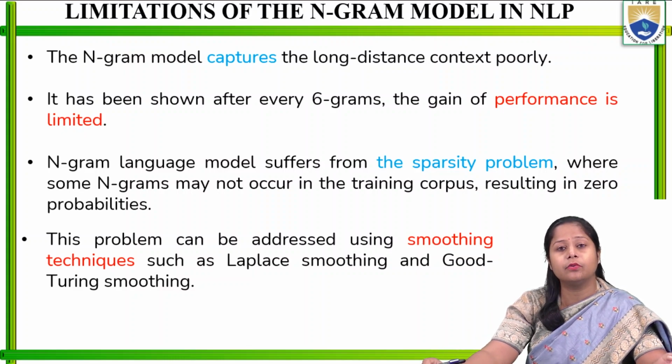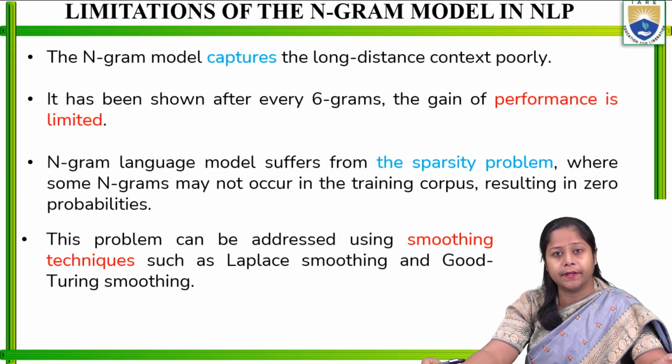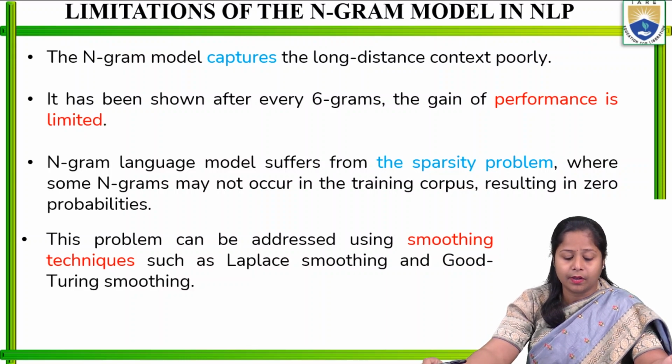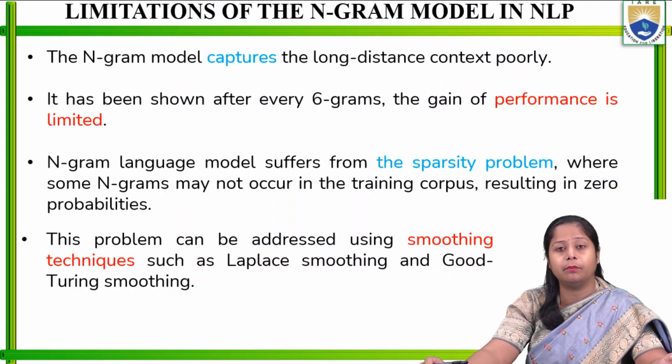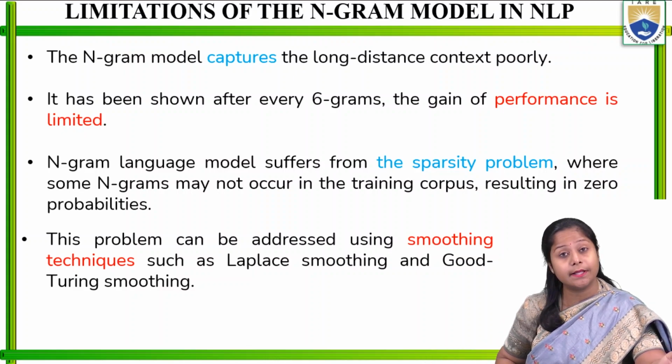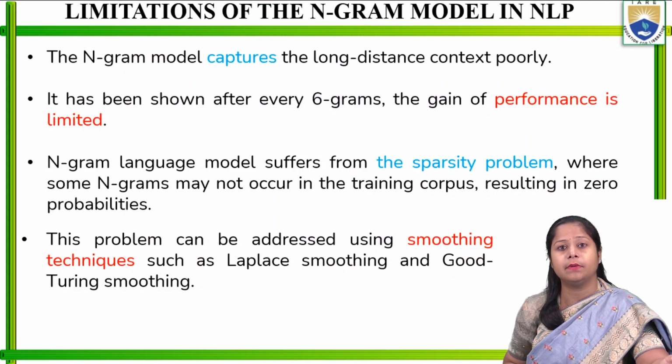This problem is addressed using smoothing techniques, like Laplace smoothing and Good-Turing smoothing. With these we remove the sparsity problem, and in the same way the limitations can be solved by applying other techniques.